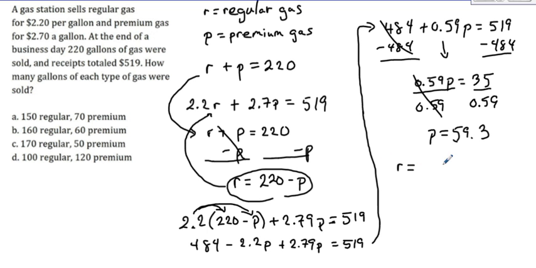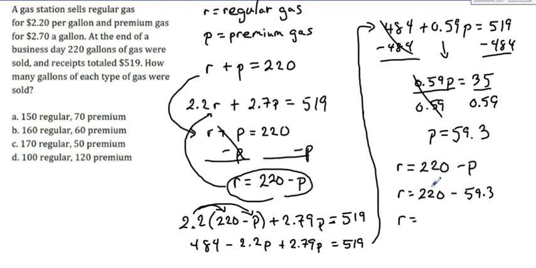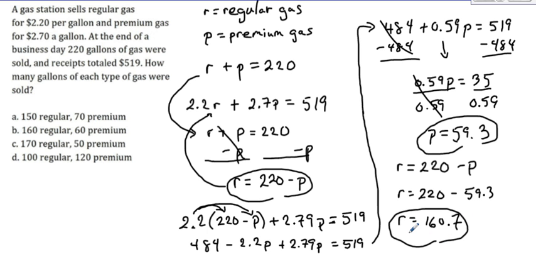So remember, from over here, we got R equals 220 minus P. So let's plug in the value that we got for P. So R equals 220 minus 59.3, and we get 160.7. So P, we get 59.3, R, we get 160.7.